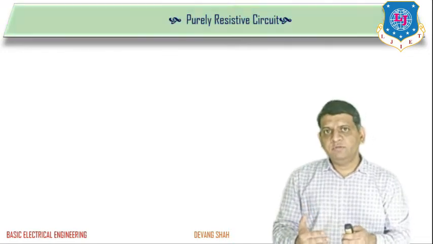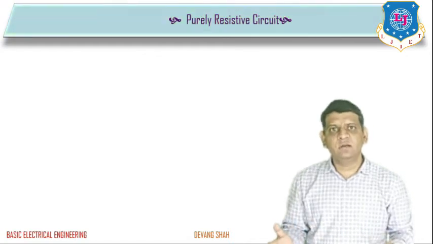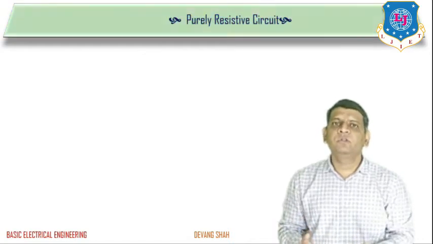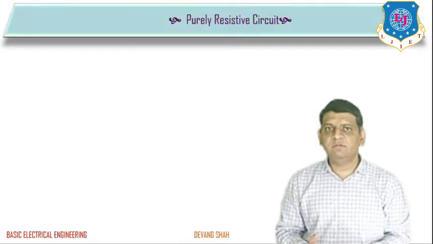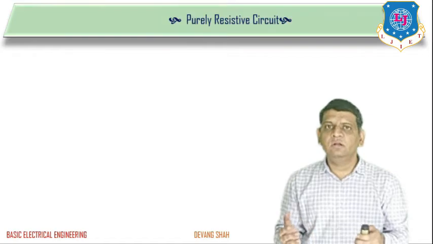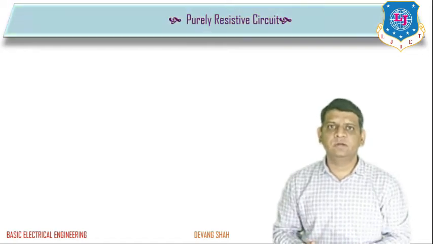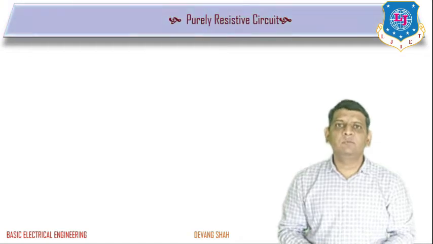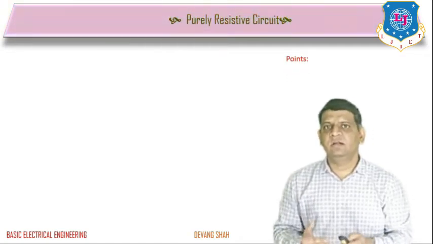If you take the resistor alone, it is called a purely resistive circuit. If you take only the inductor in the circuit, it is called a purely inductive circuit. And if you take only the capacitor in the circuit, it is a purely capacitive circuit.